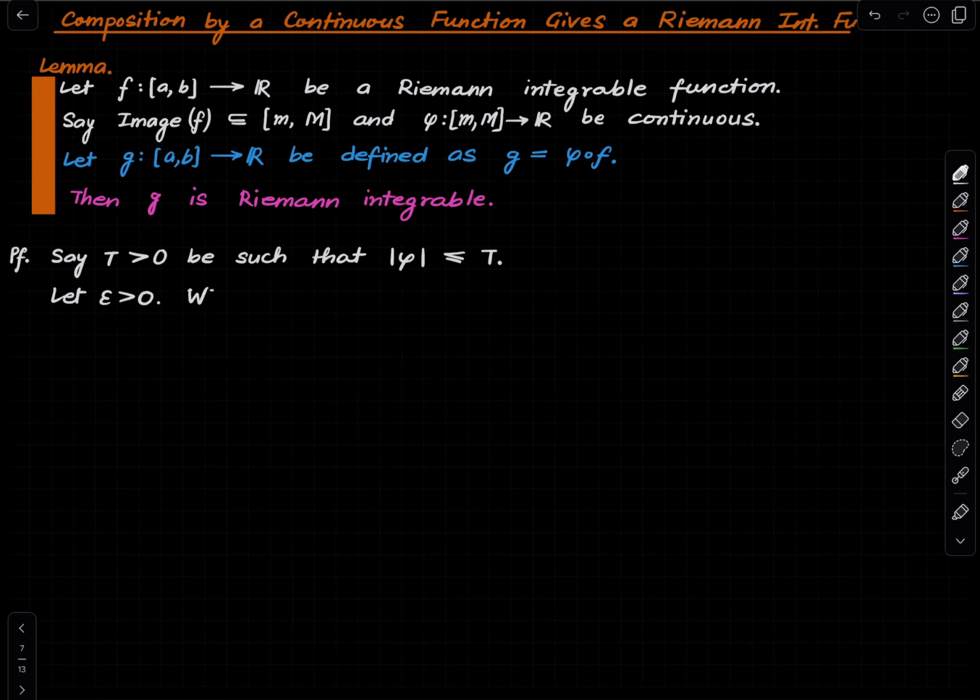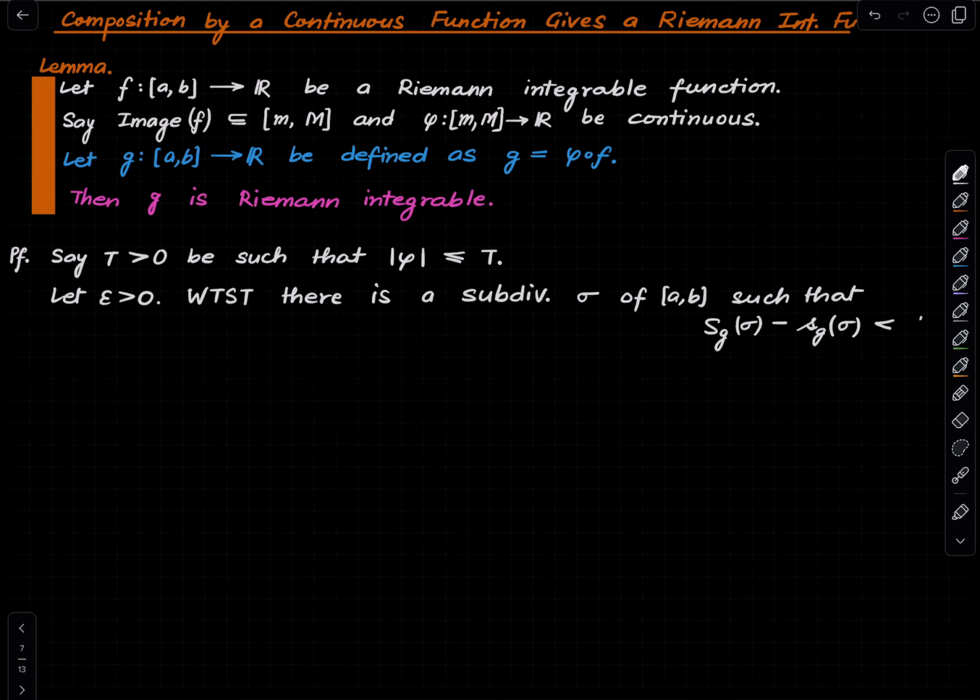We want to show that there is a subdivision sigma of the domain of the composite that we are interested in, such that the oscillation, let me write a g, the oscillation of g corresponding to this subdivision is less than epsilon. So this is of course w_g of sigma. This is what we want to do.